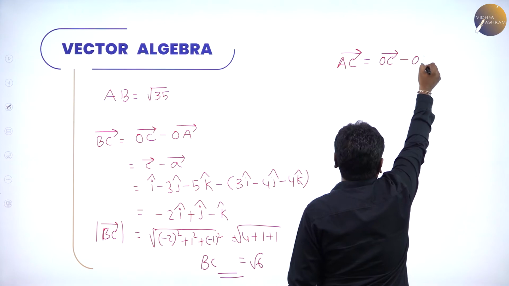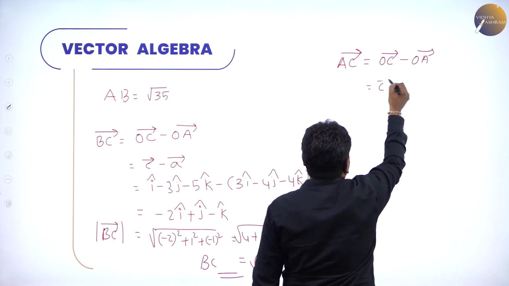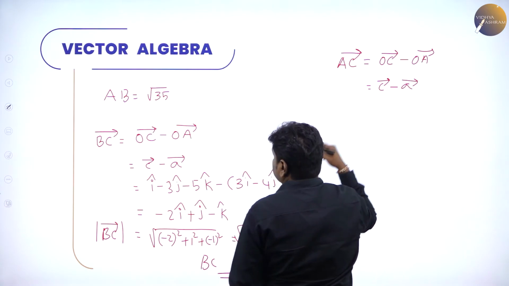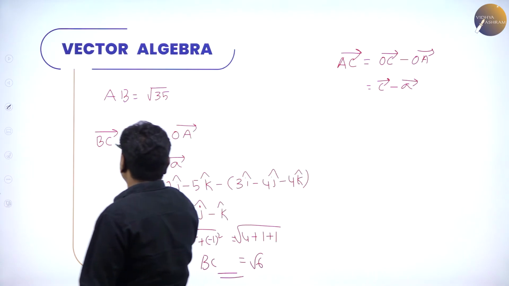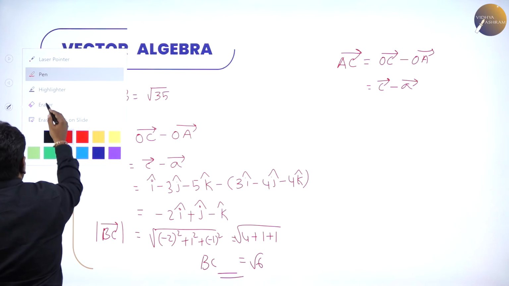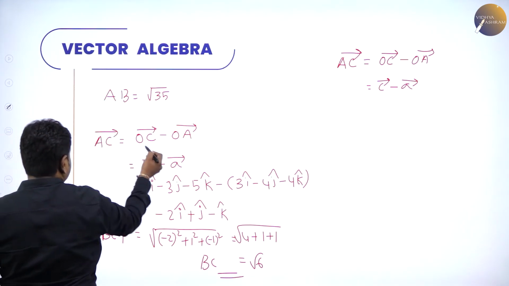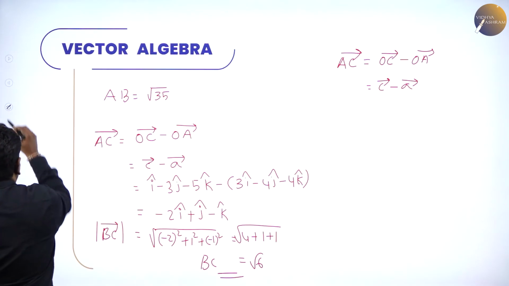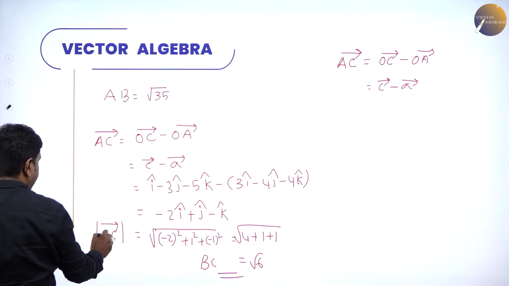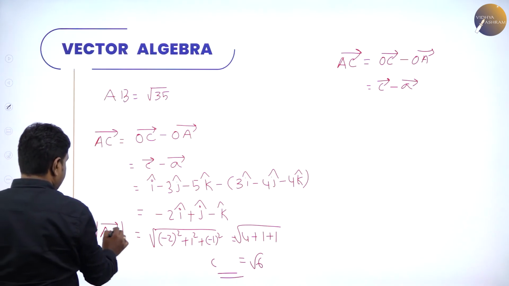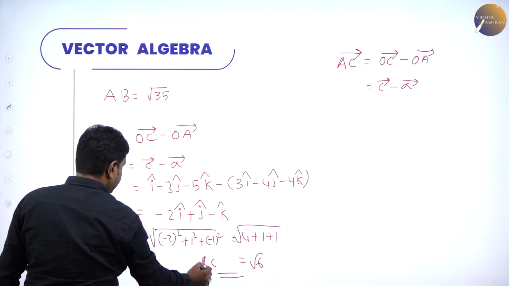OC minus OA, that is vector C minus vector A. Sorry, here I've done OC minus OA. So this is AC, sorry, students, this is AC. AC is OC minus OA. Length of AC you got.